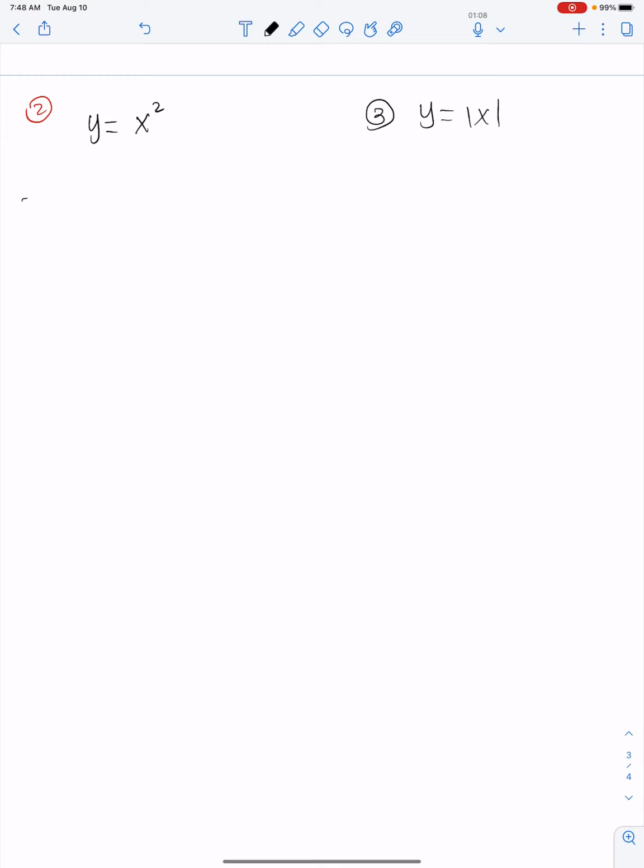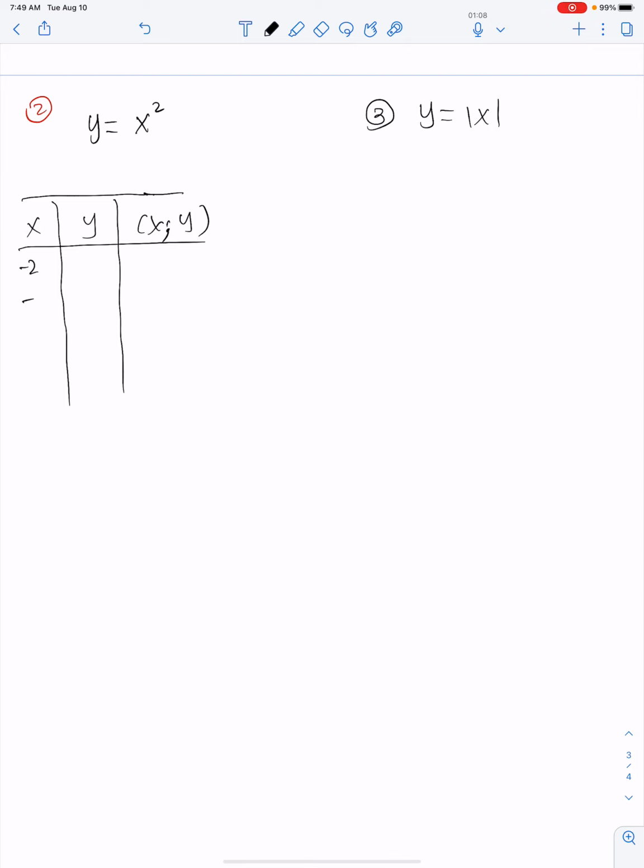So you guys can practice by yourself. Make a table with x, y, x comma y. What x values do you want to choose? -2, -1, 0, 1, 2.